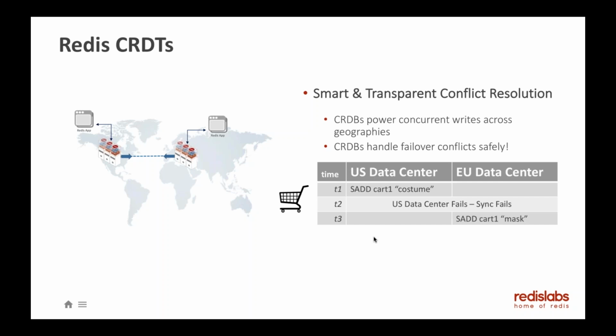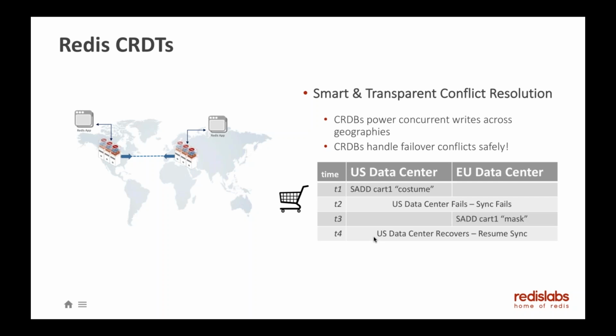But my continuous experience takes me to my next addition to my shopping cart, a mask, to the European data center. So I write another item to my cart. I add another item to my cart using the sadd method in Redis, and this cart1 now contains a mask. So as far as the European data center is concerned, I have one mask in my shopping cart, and the failed US data center assumes that I have a costume in my cart.